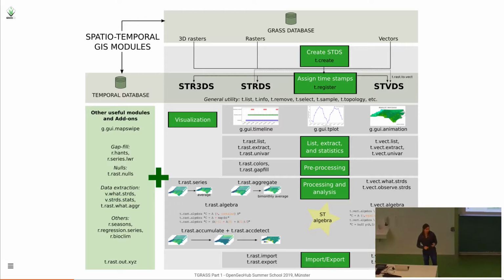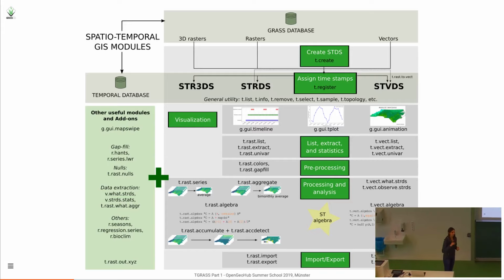But then we also have t.rast.aggregate, which allows us to aggregate a time series according to a granularity that we can specify. So if we have monthly data and we want 3-month data, we just put 3 months, and then your time series gets aggregated every 3 months.